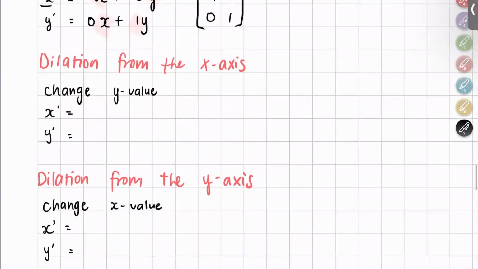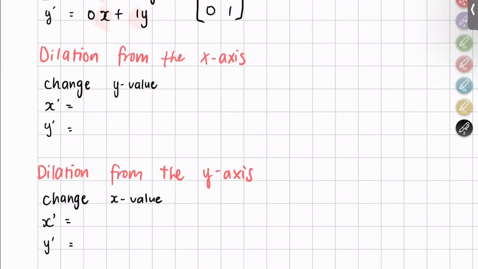Okay, next one, dilation from the x-axis, or this can be parallel to the y-axis, whatever your book says, but most of the time the most common one you'll see is dilation from the x-axis. And just to recap, this means that we keep the x-axis the same and we're stretching or shrinking the y-axis, and then the graph changes along with that. So obviously, if we're stretching and shrinking the y-axis, then we are changing the y value.